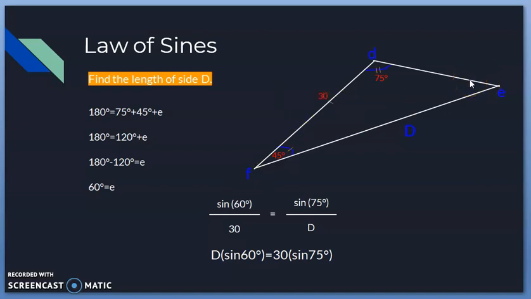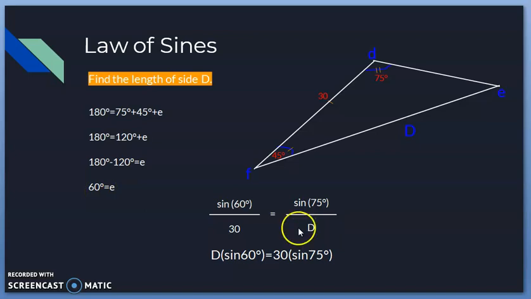Now we first have to find the angle E value. We can do this by remembering that a triangle adds up to 180 degrees. So we're going to add our given angles, 75 degrees and 45 degrees, which equal 120 degrees. Subtract that from 180 degrees, and we have 60 degrees equals E.